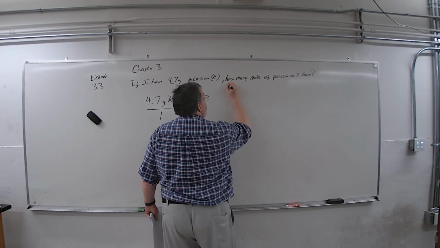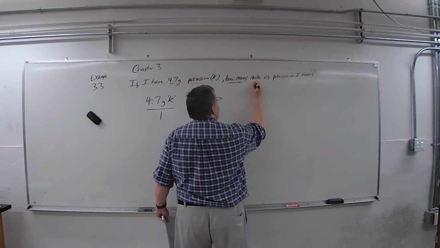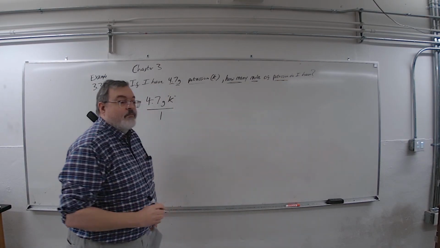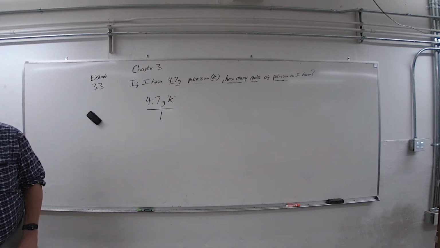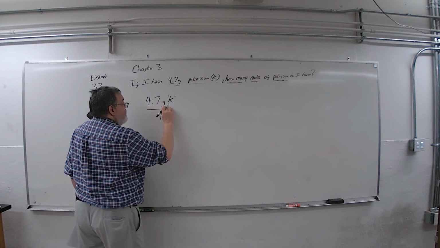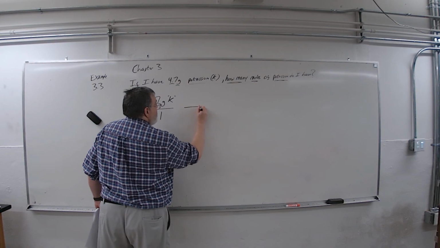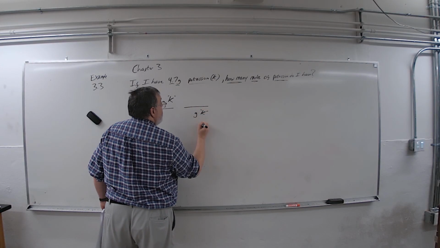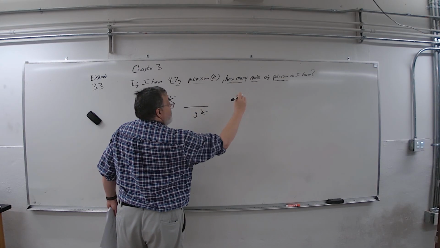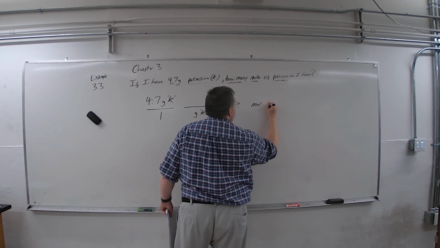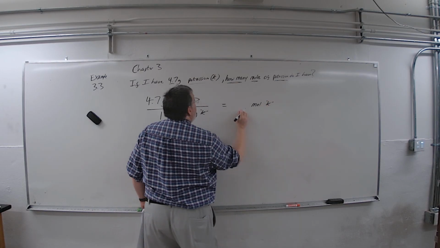That's asking for a numerical value, unit, label. You see what I'm doing? If I just write that down, then I know I'm going to need grams of K down here. And since it ends in moles, I know I'm going to need moles of K over here. Because it says how many moles of potassium.